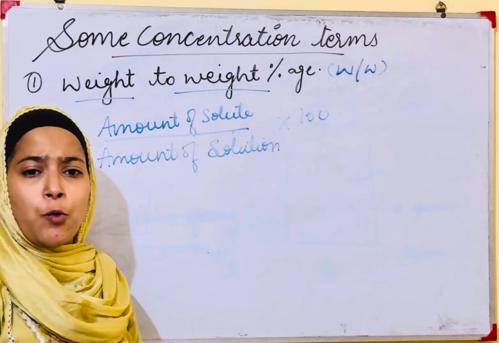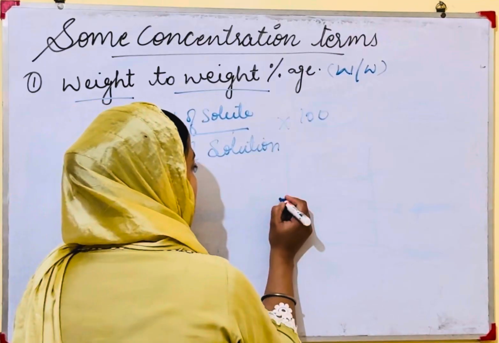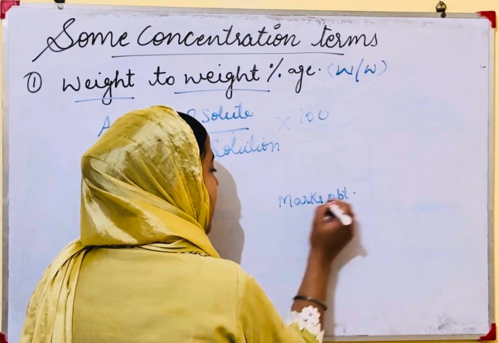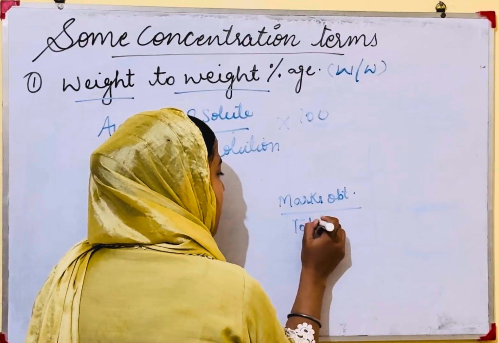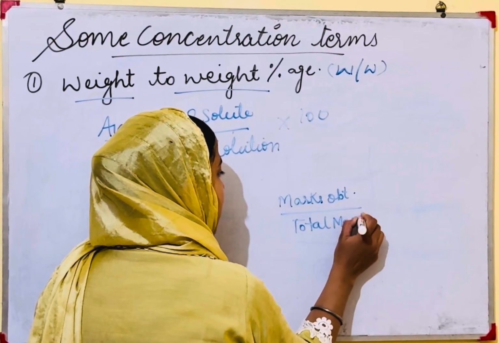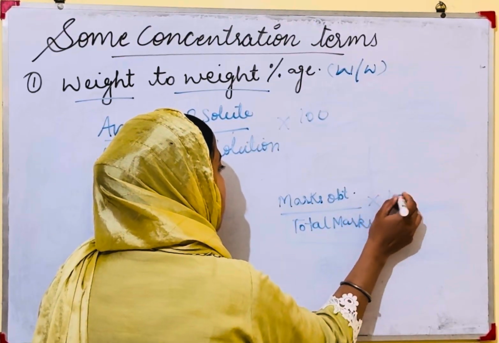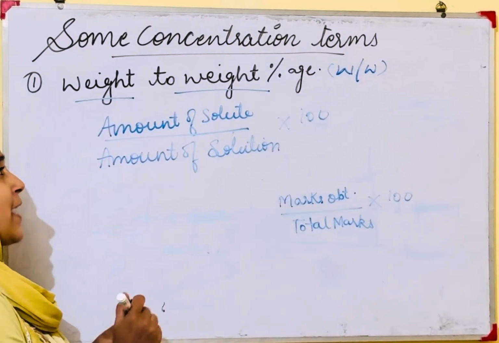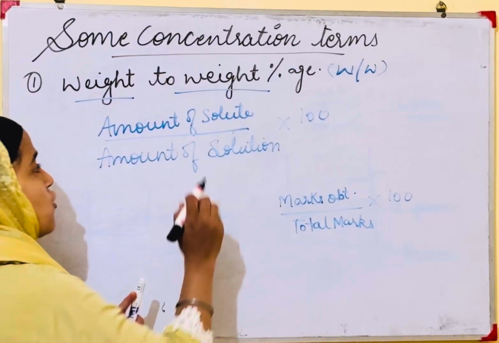If we talk about the total marks, we will calculate marks obtained divided by total marks, multiply 100. Then you will get the percentage of your marks. So in the similar way, we can calculate the weight to weight percentage.